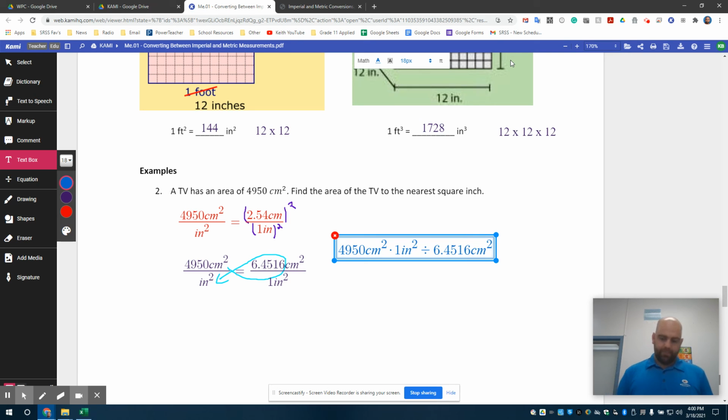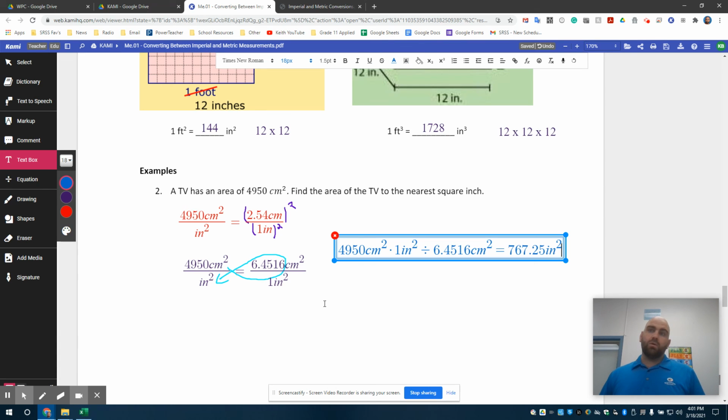centimeters squared. Now some of you are like, well, why are you using so many decimal places? The more decimal places we keep, the more accurate our answers are going to be. So 4950 divided by 6.4516 is going to be 767.25 square inches.